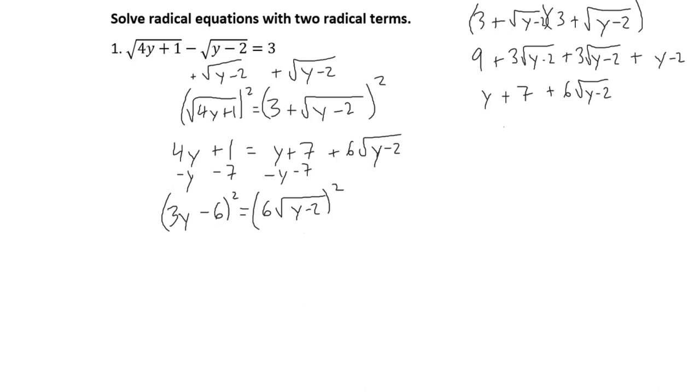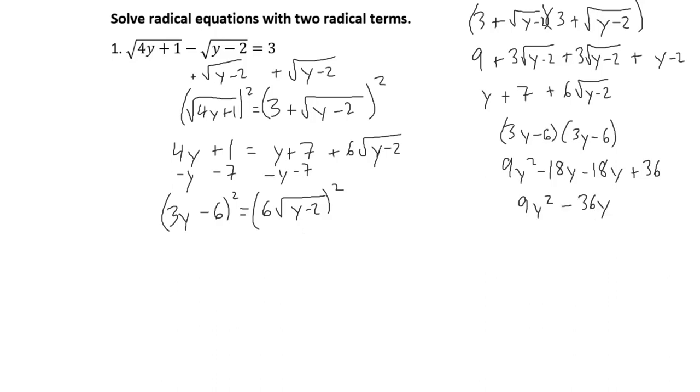And let's go ahead and show the 3y minus 6 squared multiplication, which is 9y squared minus 18y minus 18y plus 36. 9y squared minus 36y plus 36.